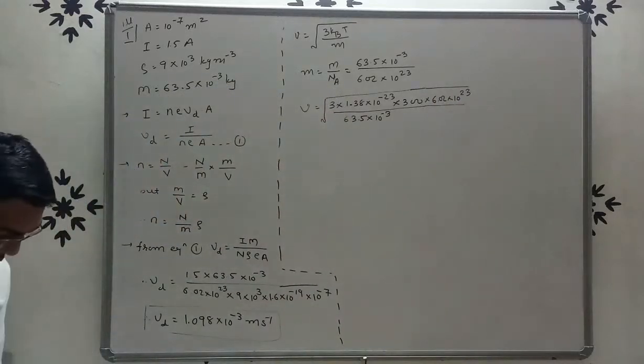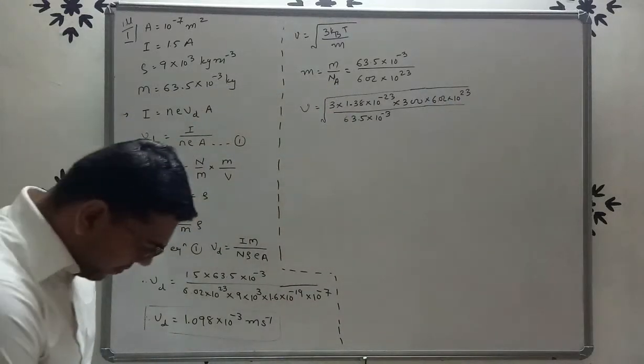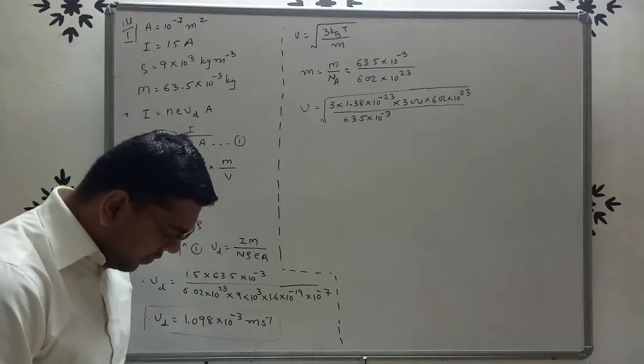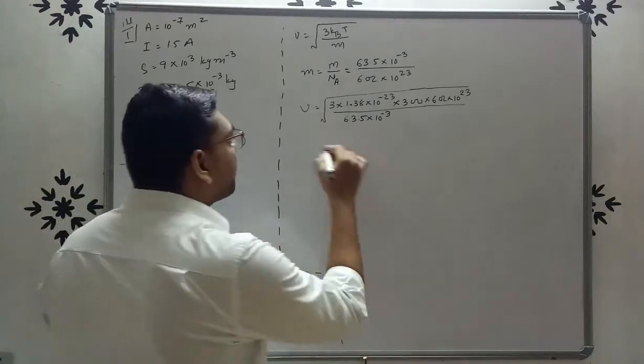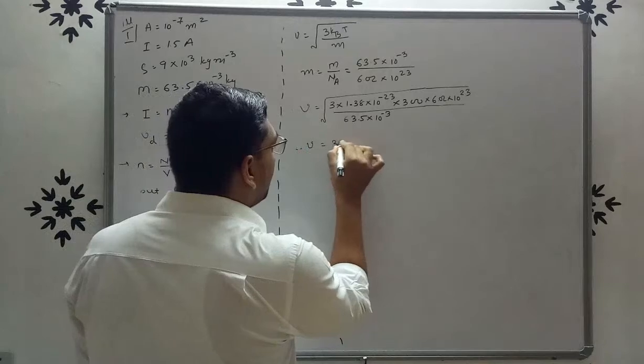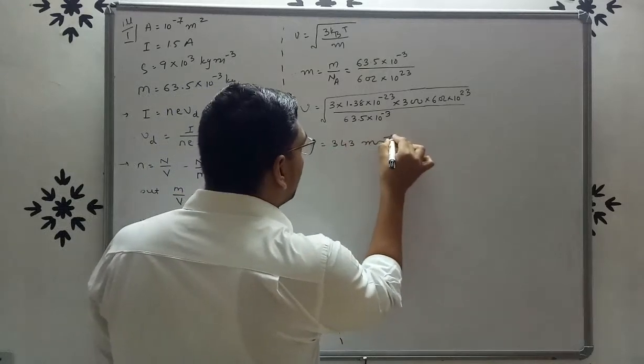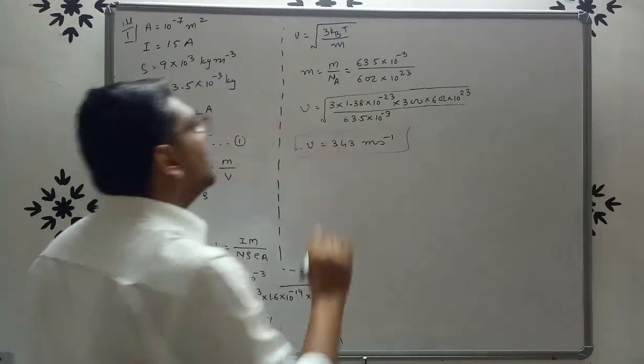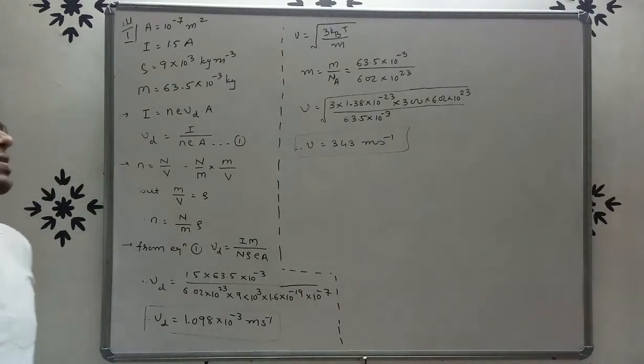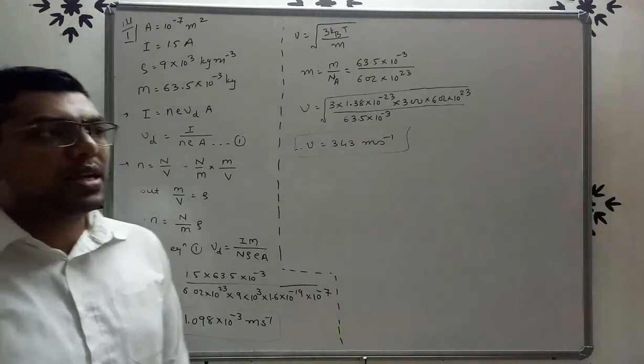Now if you solve this, then you will get the speed v is equal to 343 meter per second, right? So the thermal speed is 343 meter per second.